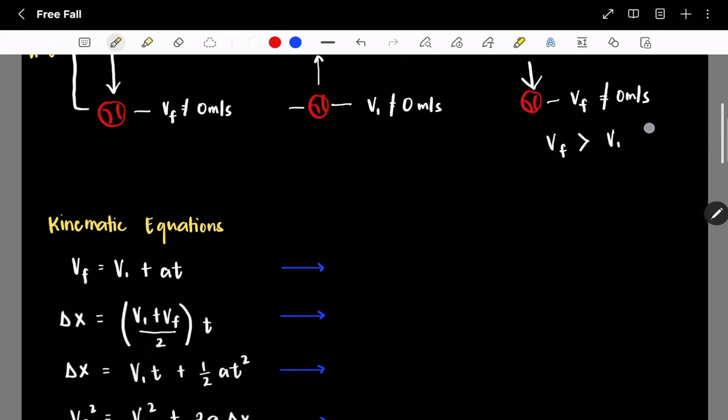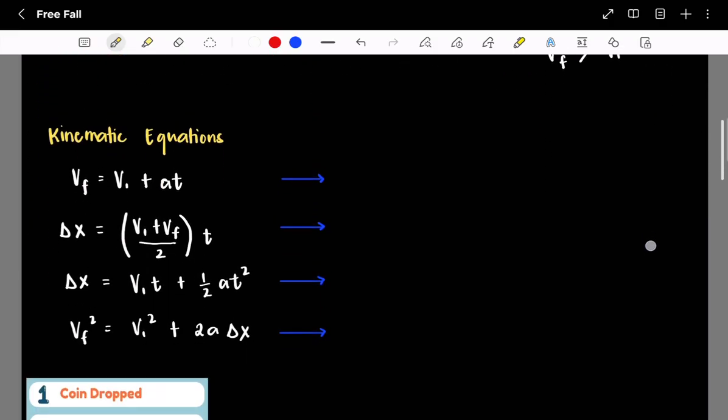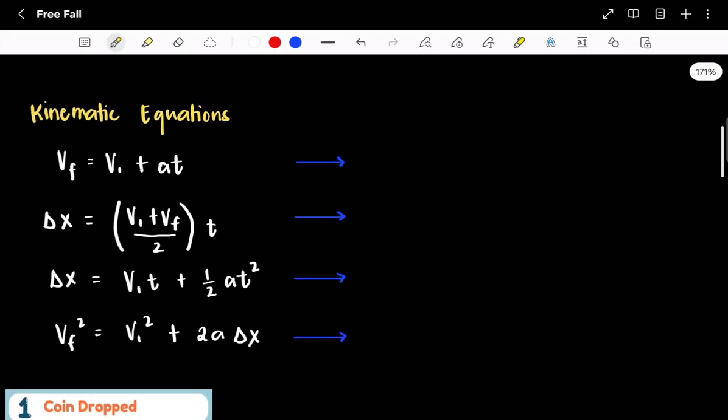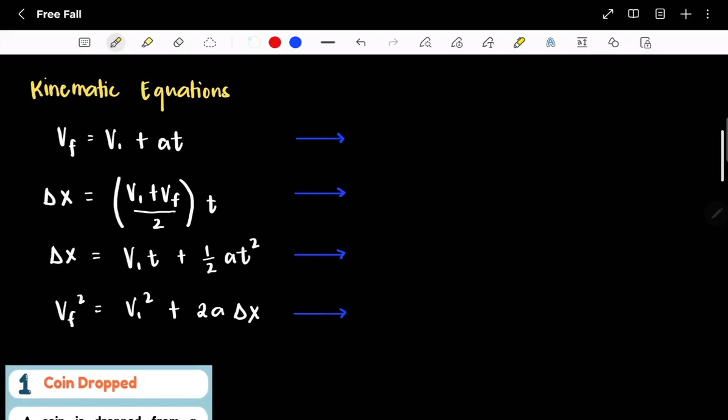Now, moving on to the math part. These are the kinematic equations that I taught you last time. These kinematic equations use variables Vf, V final, Vi, V initial, and a as acceleration, t for time.